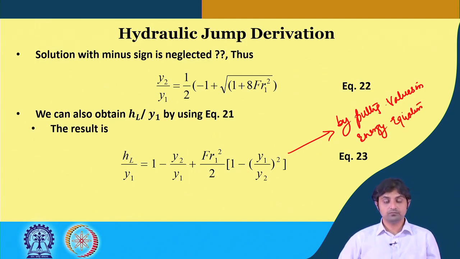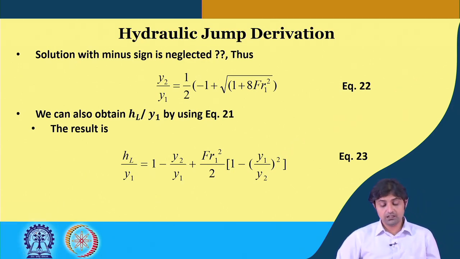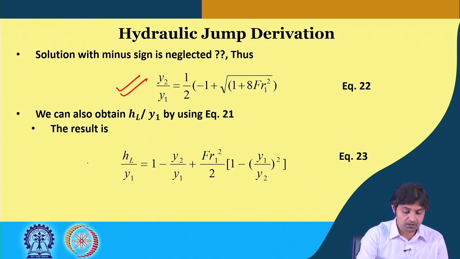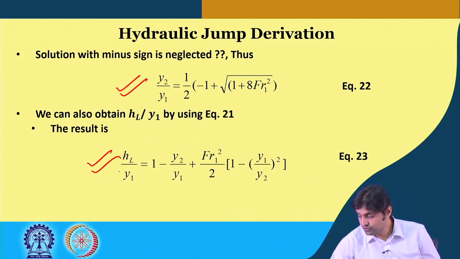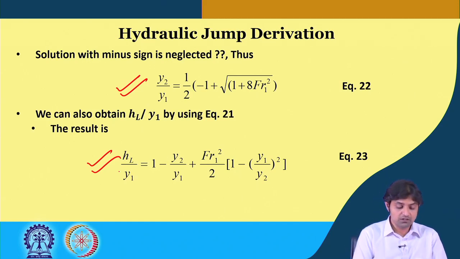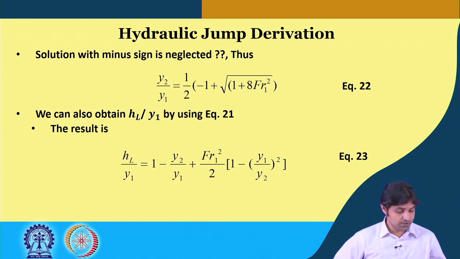Okay. Simple. So, I think these two formulas are very important to remember. I would suggest you remember these formulas, because they would prove very helpful in questions about the hydraulic jump.